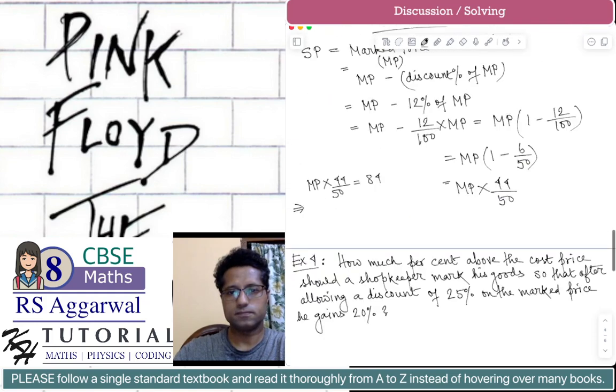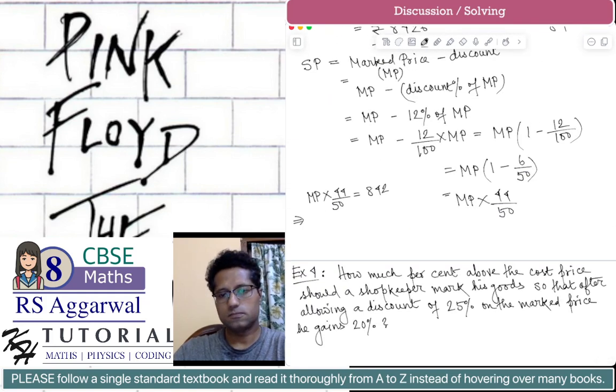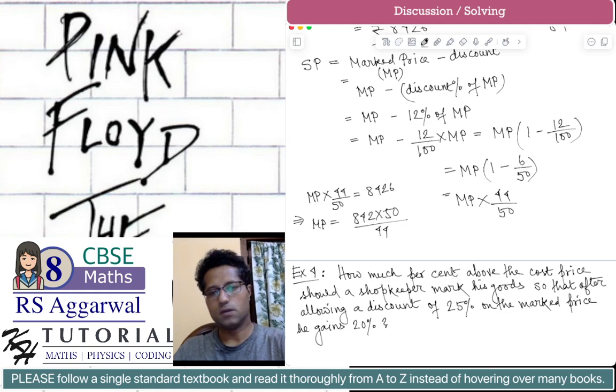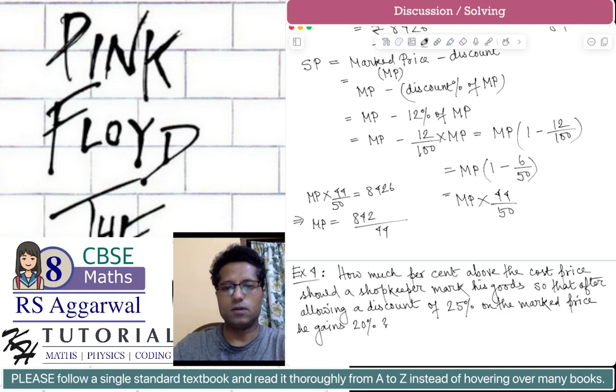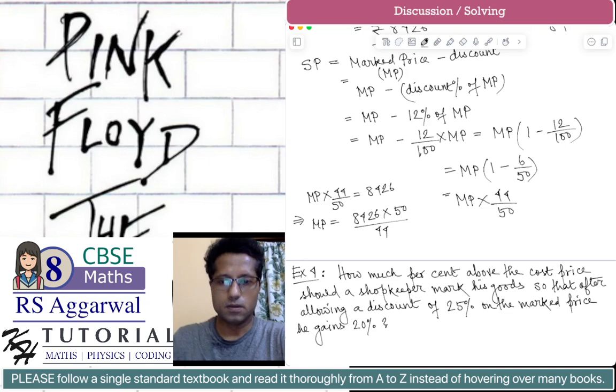This implies MP, that is the marked price, will be equal to 8426 multiplied by 50 divided by 44.